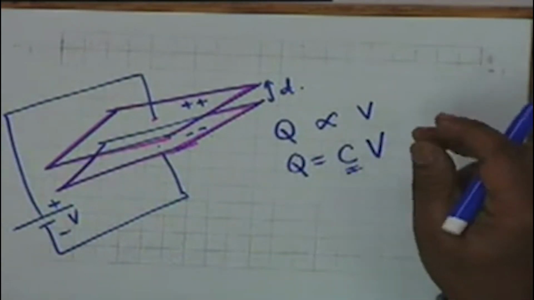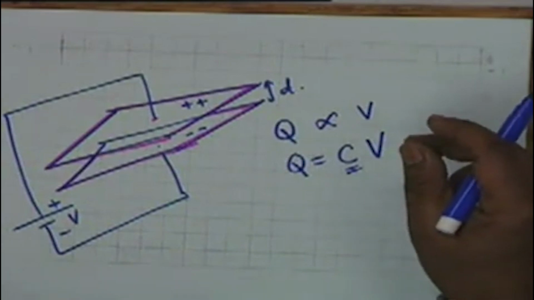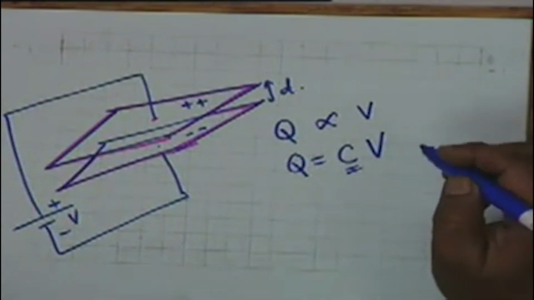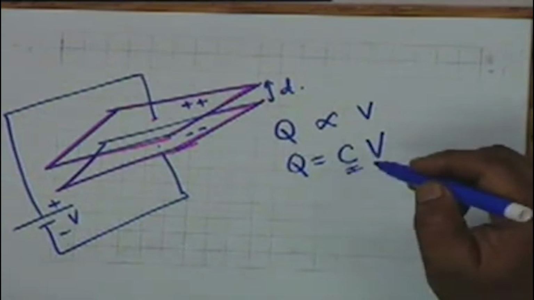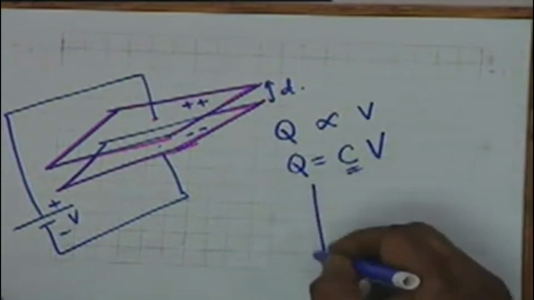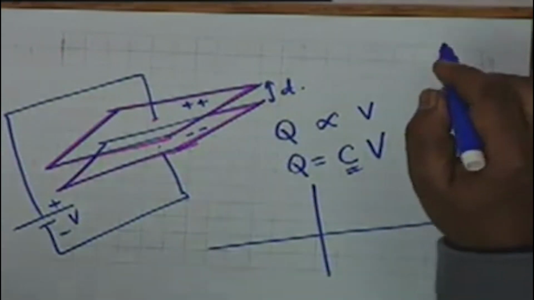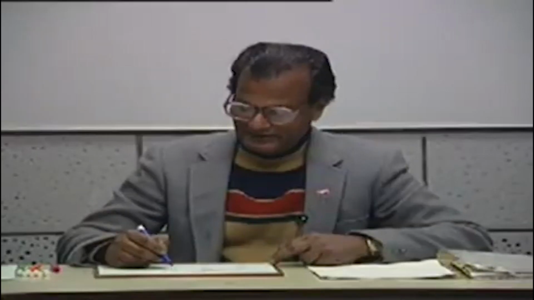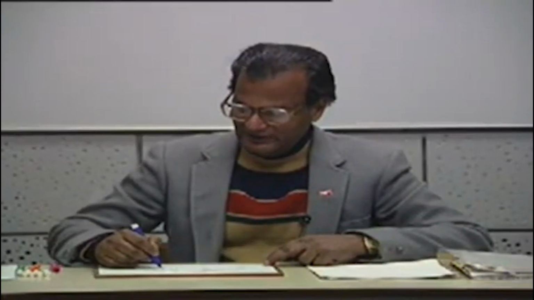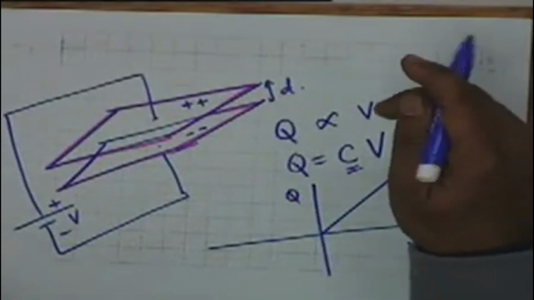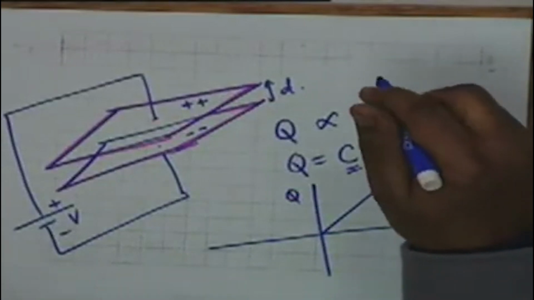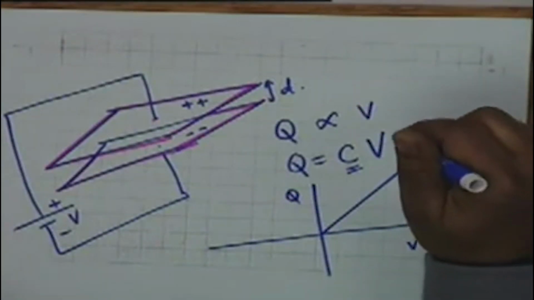This is the capacitance for storing electrical charge, and is given the symbol C. Naturally, if it is a linear capacitor, then the relationship between Q and V is a straight line with a slope of C, and this is called a linear capacitor.